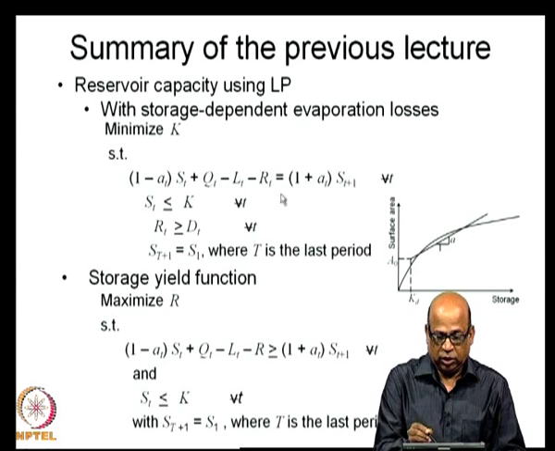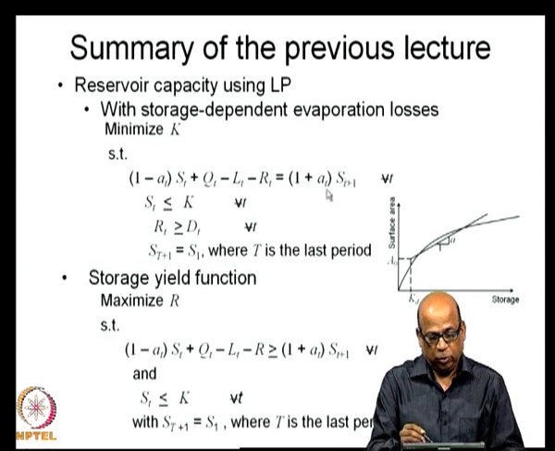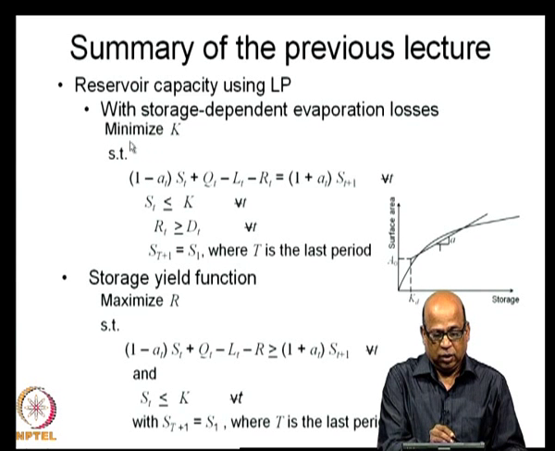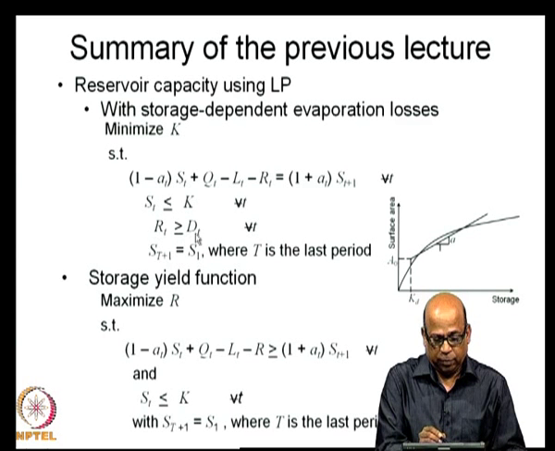This is the continuity equation that we wrote and used in the linear programming problem, where we are looking at obtaining a minimum storage to meet these demand patterns dt, and that is why we write RT greater than or equal to dt, where RT is the release from the reservoir.